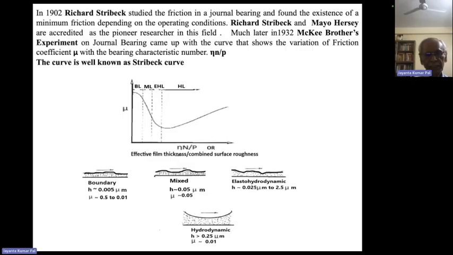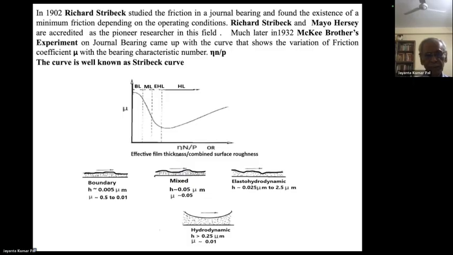As I say, we'll discuss this more in detail, but here briefly, this is a lubrication mode which is caused due to the combined action of the displacement or deformation of the solids in contact or sliding surfaces and the hydrodynamic action.